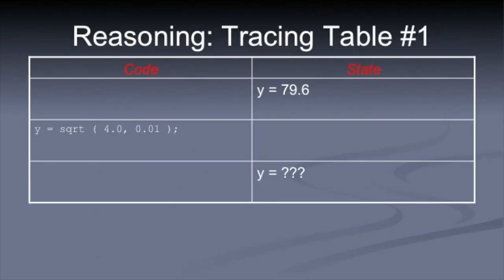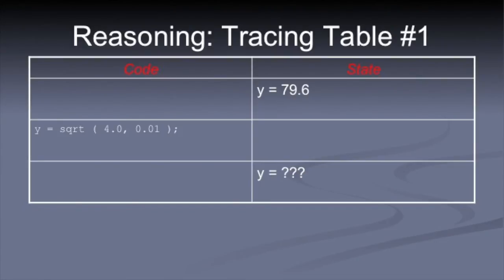Here is a tracing table example. We use tracing tables to trace through the execution of a piece of code. The table has two columns, column 1 for the code that we want to trace, and column 2 to indicate the program state, i.e., the values of variables in the program. In this example, the code shows a call to the operation square root, with the local variable y to receive the value returned by square root.